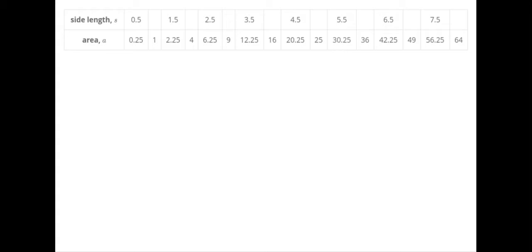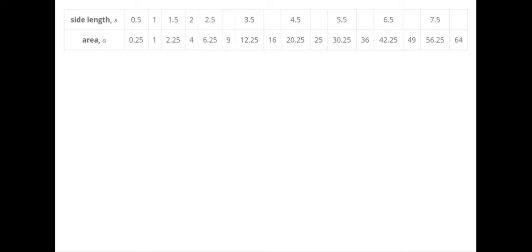Now for the top row, I need to find the side length when I am given the area. If I have a square with an area of 1, then what number squared is equal to 1? The answer is 1. If I have a square with an area of 4, then what must a side length be? Well, 2 squared is 4, so the side length is 2.